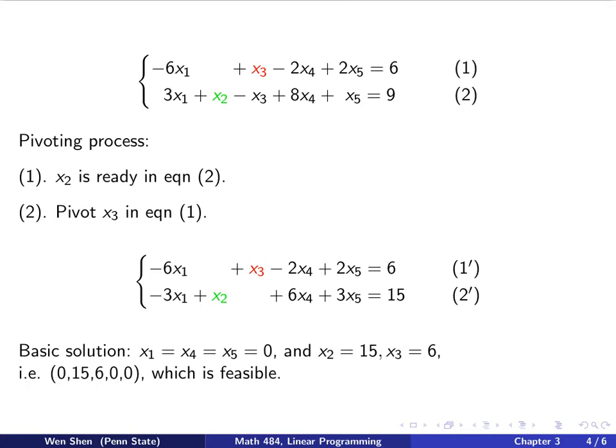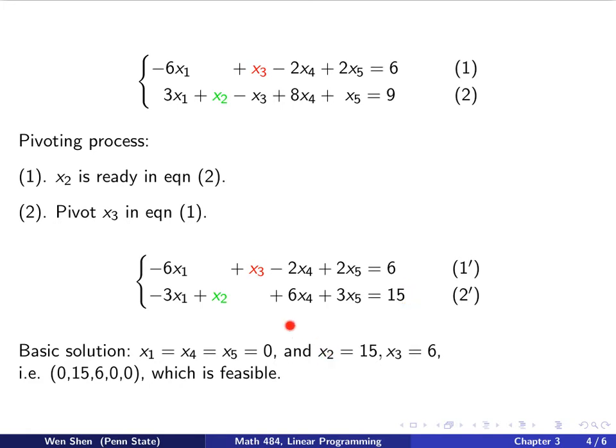Once that pivoting step is done, then we can write out the basic solution. That is, all the non-basic variables are 0, so x1, x4, x5 are 0, and the basic variables will be taking the value on the right-hand side.